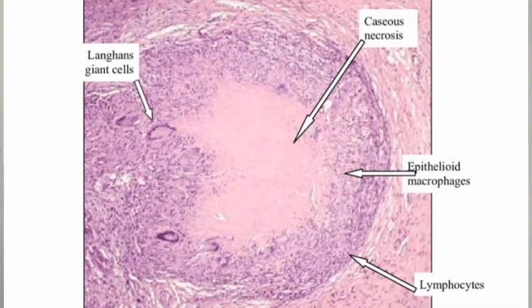In other granulomatous diseases, you only see the epithelioid cells surrounded by a rim of lymphocytes. You will not always see the central caseous necrosis. This central caseous necrosis is peculiar to tuberculosis. So that's why the granuloma that is formed in tuberculosis is called a tubercle.